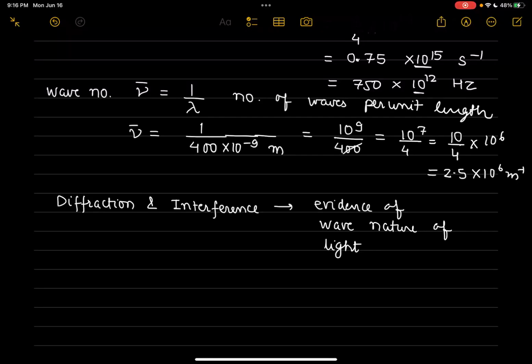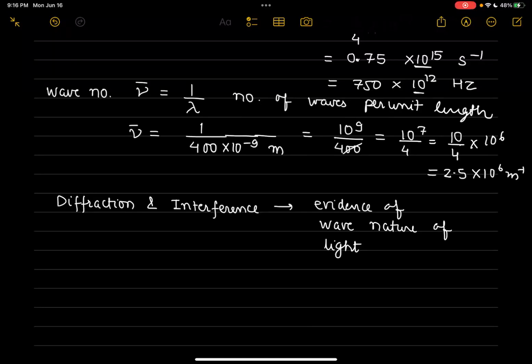Because if we are assuming wave nature, we need to know some experiment which can prove that light has wave nature. And what are those experiments? Those experiments are basically diffraction and interference. So diffraction and interference explain the wave nature of light.